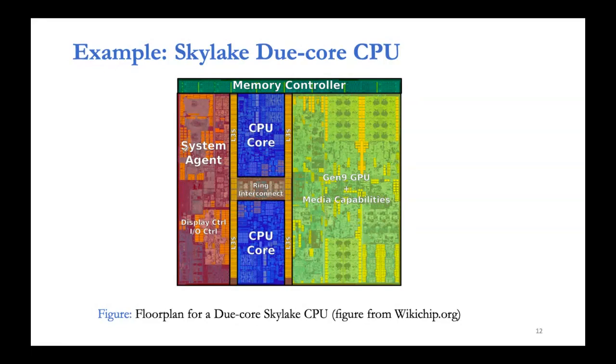Apart from that, there is a system agent, whose functional units are known as the memory management units, and on the memory controller you'll find the display and your input output controllers.